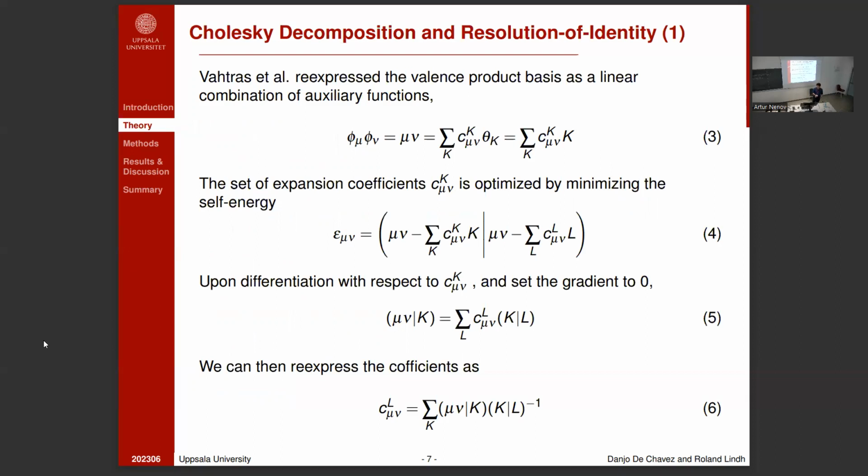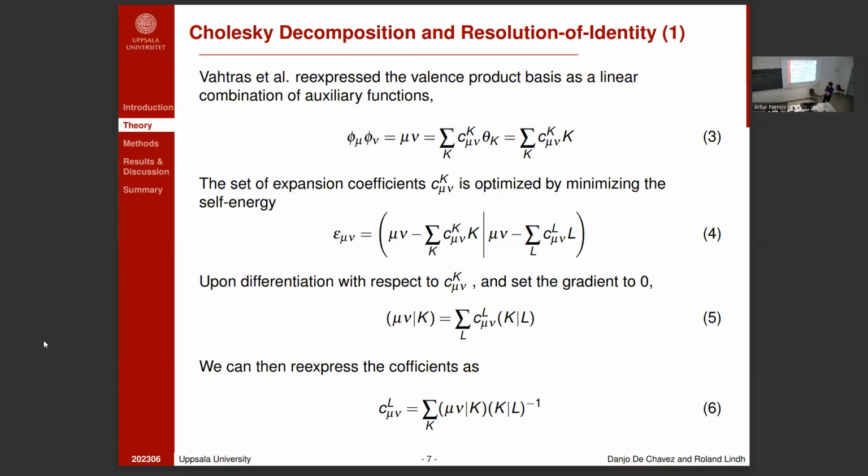This linear combination of auxiliary basis functions could be obtained by minimizing your self energy, which is defined by equation 4. So differentiation with respect to the coefficients and then setting the gradient to zero, you arrive at equation 5, wherein mu nu K is a 3-center integral, and KL is a 2-center integral.